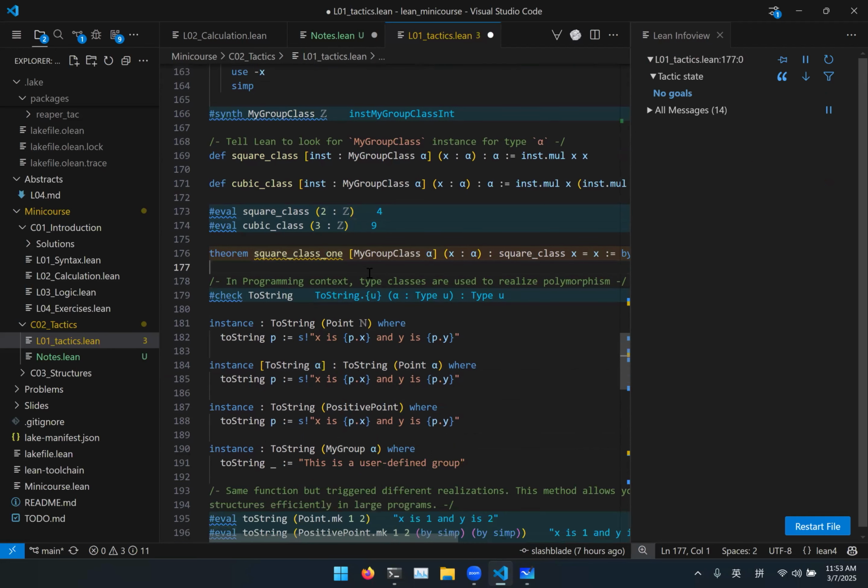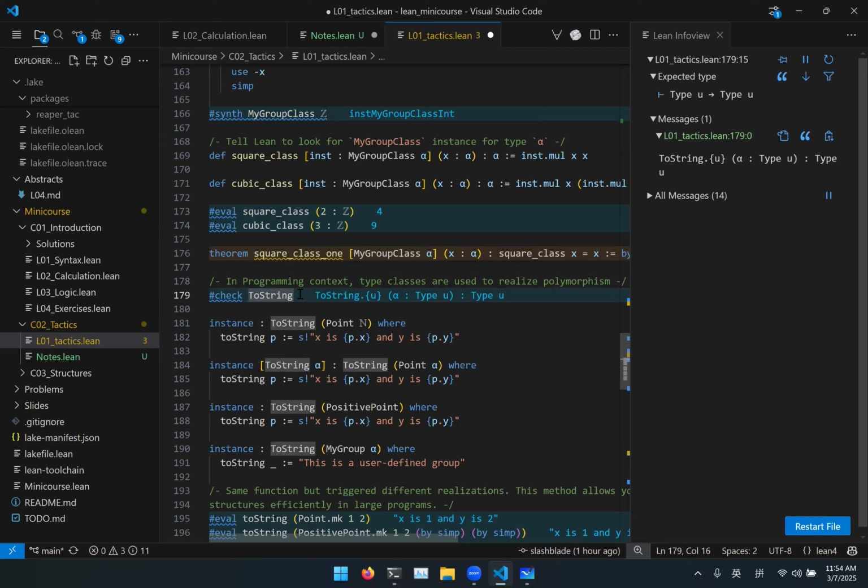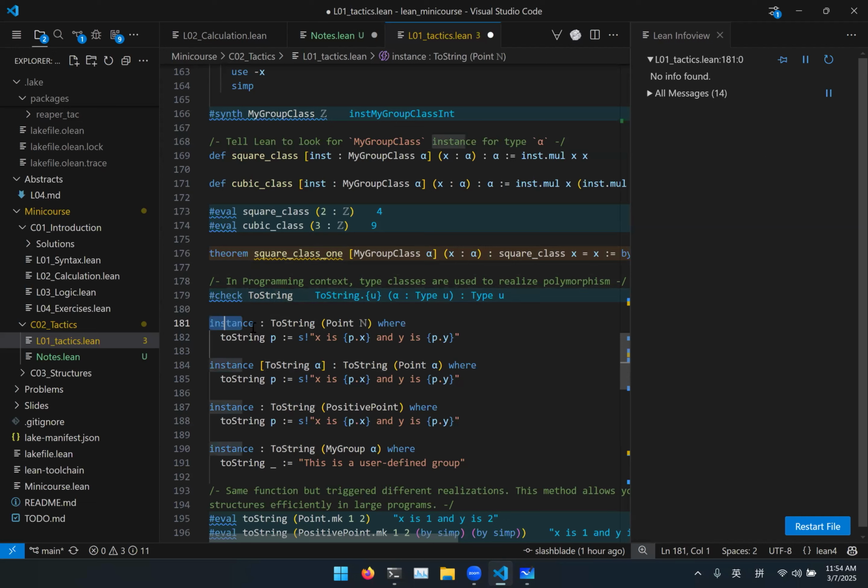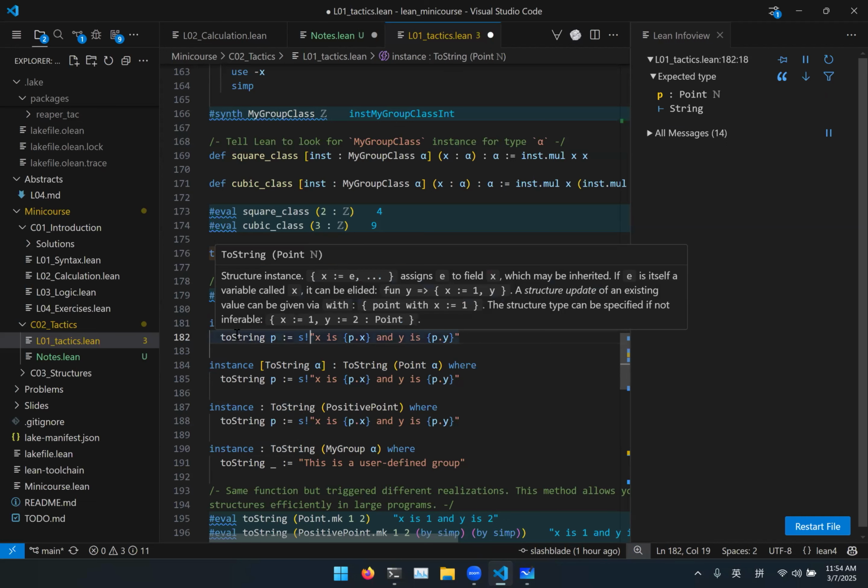And since we already mentioned the type class, we want to speak some more about it. In the programming context, the type class is used to realize something called polymorphism, which means you can apply the same function to different types, to different structures, and in the instance you give the detailed realization of each operation.